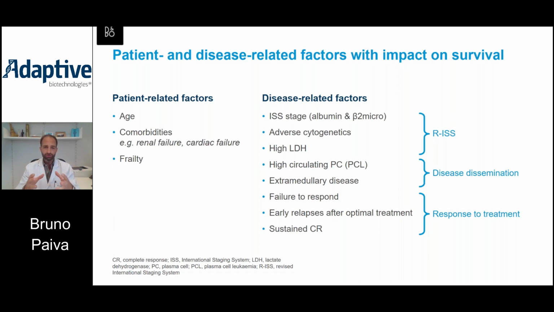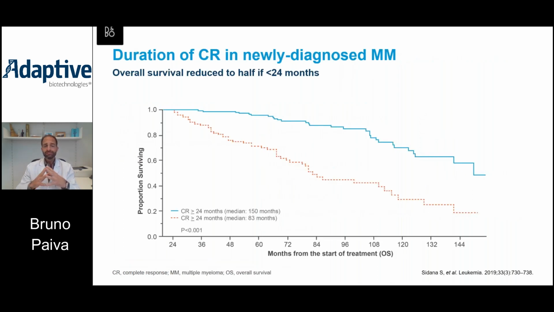I think that all of you agree that it is mandatory to assess response to treatment, to identify patients that fail to respond, to also try to predict early relapses after optimal treatment, and conversely, to identify patients with sustained CR. This is clinically relevant.